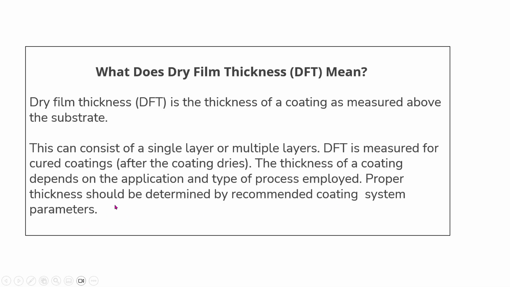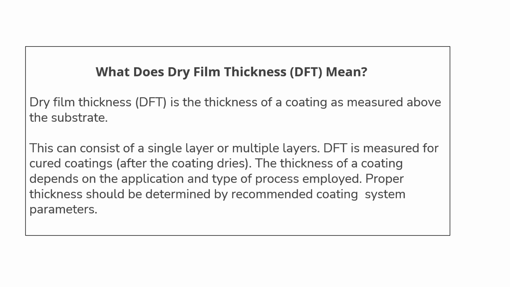So it can be a single layer, it can be a double layer. Suppose you applied primer, leave some space where you measure the primer thickness. Then again coat it, and then again do the measurement after the first coating. Then you will get the film thickness of the first or intermediate coating.